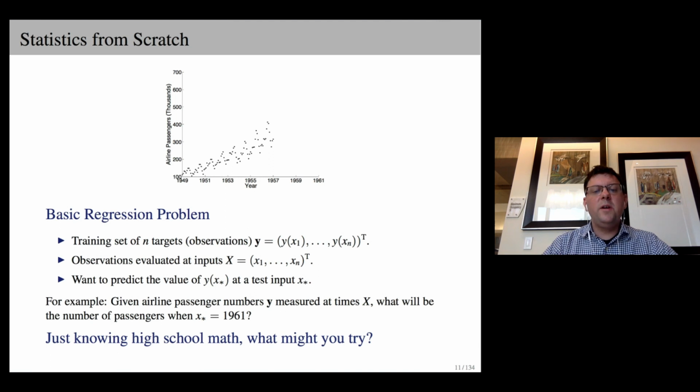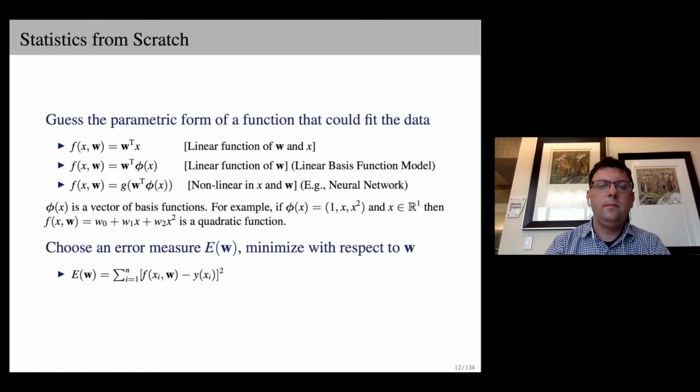Now, just pause the video for a moment and think about a step-by-step procedure that you might have followed just knowing what you knew in high school in order to solve this problem. If it were me in high school, I would start by thinking about the functional forms that I'm familiar with, like sines, cosines, exponentials, polynomials, and then I would create a functional form that I thought would be a reasonable description of what I'm seeing, and it might have some free parameters.